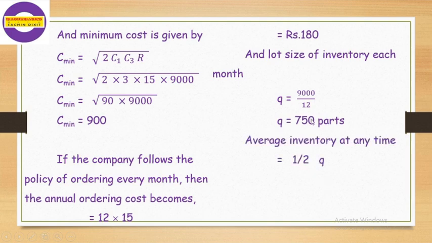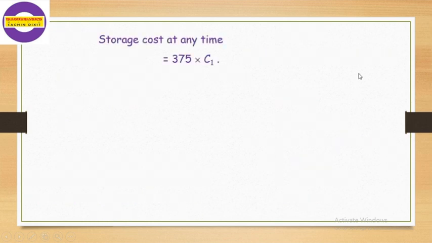Then to find average inventory at any time, that is 1 by 2 of Q, that gives 1 by 2 into 750, that is 375 parts. That is the average inventory at any time. Then we calculate its storage cost, that is 375 multiplied by C1. C1 is 3 rupees, so 375 multiplied by 3 is equal to 1125.